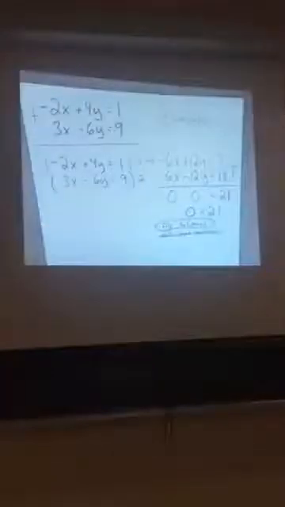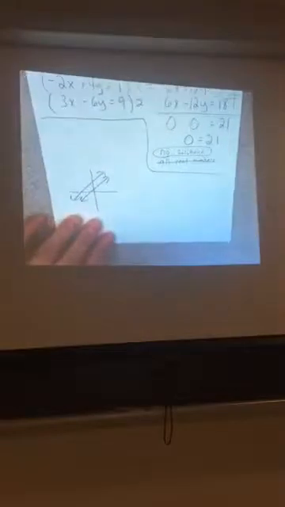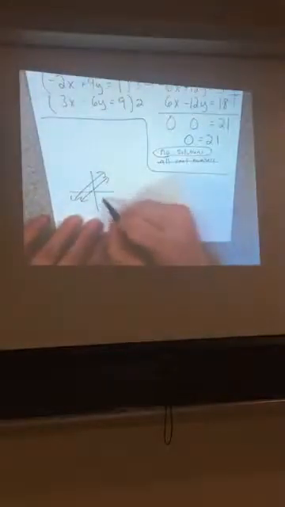Now, back in our graphing section from earlier in the week, what would this look like? In the graphing world, no solutions would be the lines are parallel to each other. That's what no solutions looks like when you graph it.